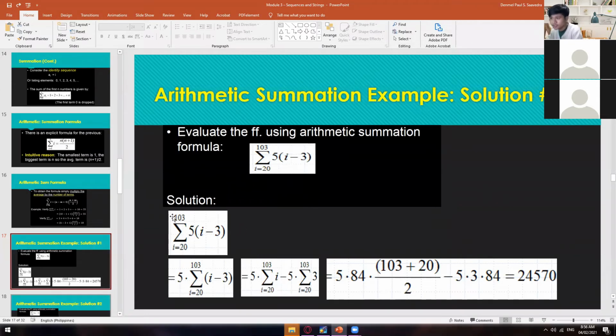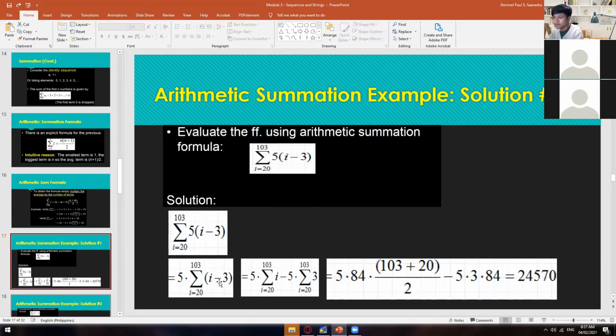So here's the solution. Initially, we just copy this one. Nothing happens, and then we bring out this 5 to this summation. So as you can see, it's now 5 times summation of i minus 3.